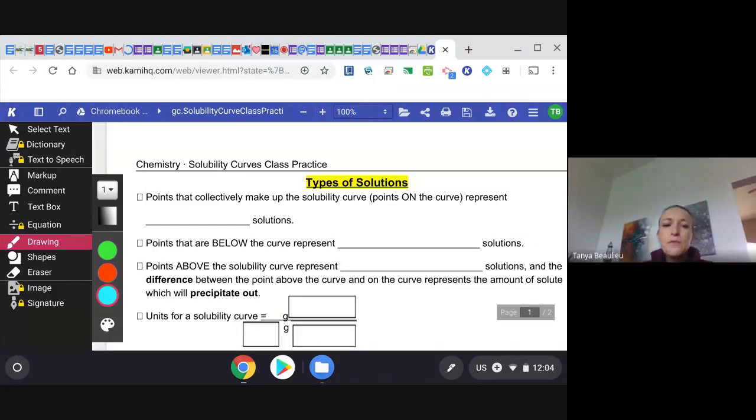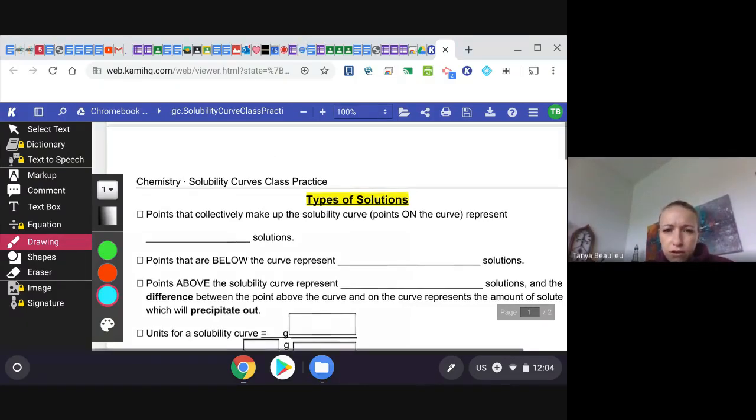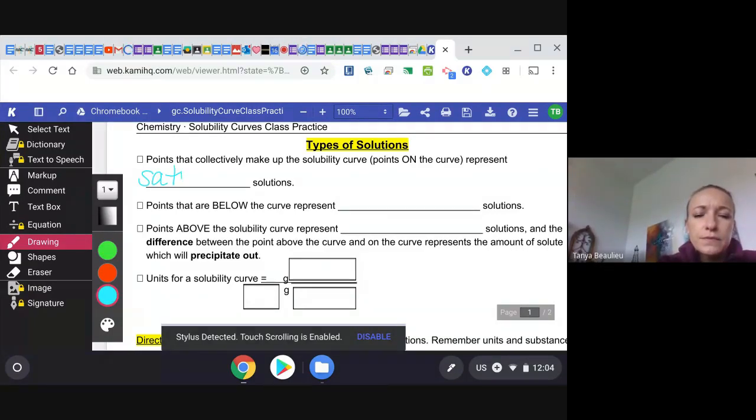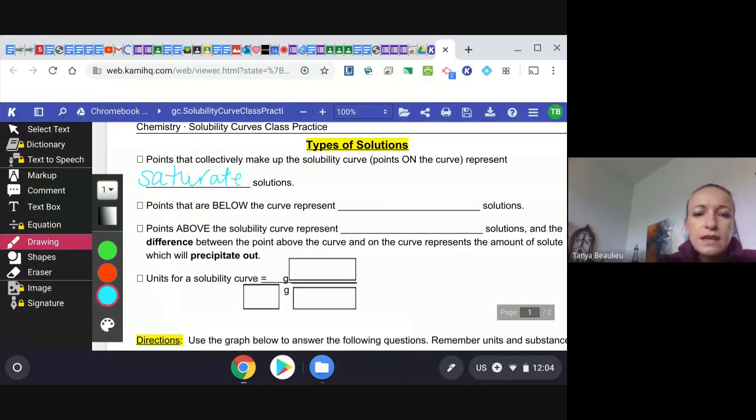All right. So points that collectively make up the solubility curve, or points on the curve, represent saturated solutions. Now, a saturated solution, that was in your notes that I posted yesterday, has the maximum amount of solute that can be dissolved in solution at a given temperature.